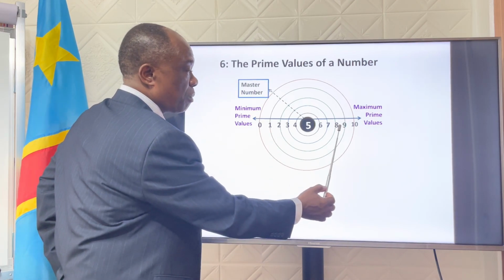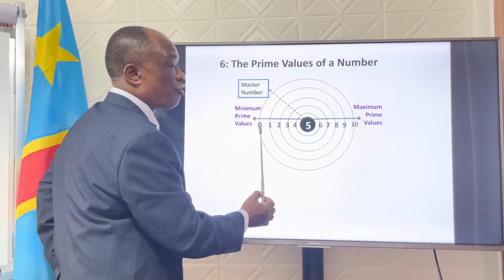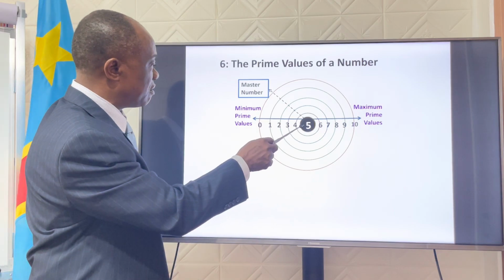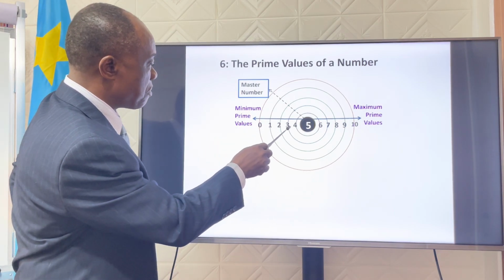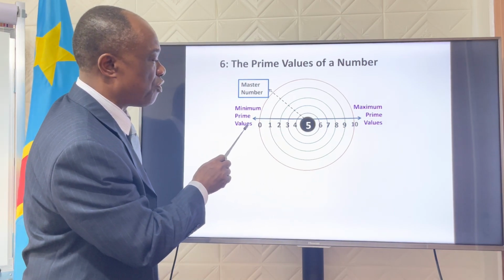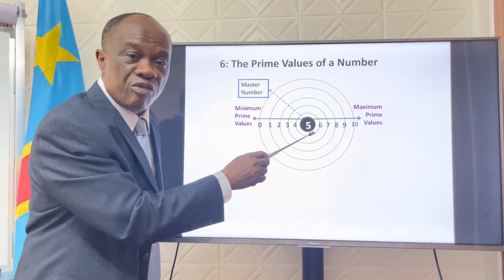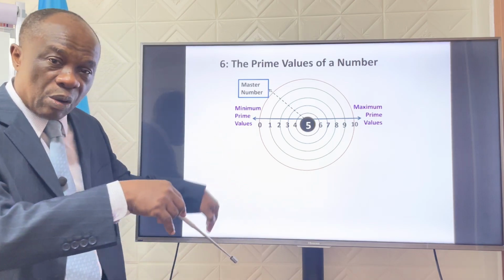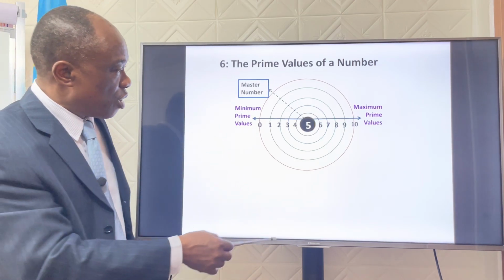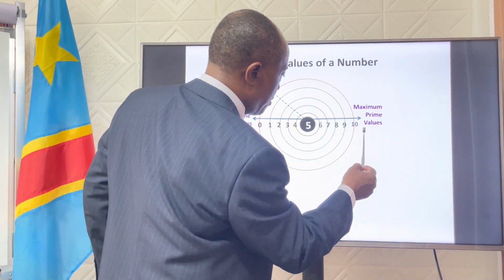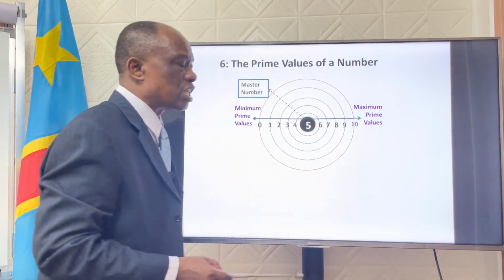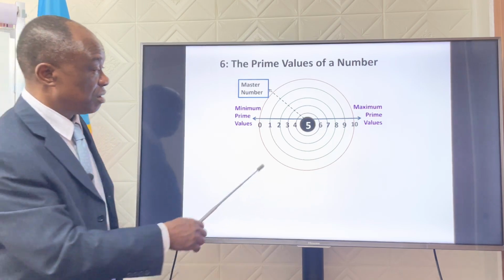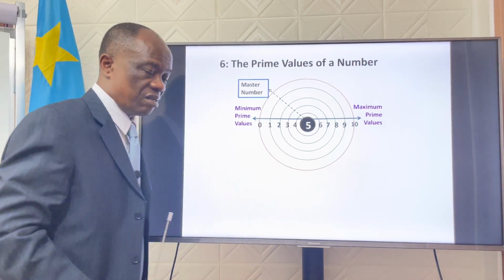Minus 4 plus 4. Minus 5 plus 5. So these are called the minimum prime values of number 5. The ones on the left here, going down. Going up, these are the maximum prime values on each level.